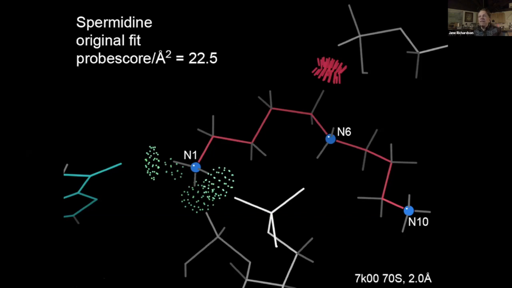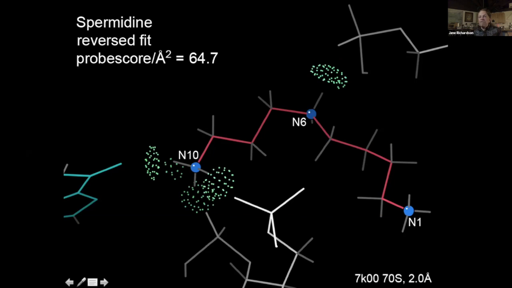And so here, there's this huge clash at this atom, and there's nothing hydrogen bonding to the N6 nitrogen. And so if you turn it over and put N10 where N1 was and N1 where N10 was, then you shift the N6 over by one atom, and now it makes a great pair of hydrogen bonds to a phosphate and gets a way better score.